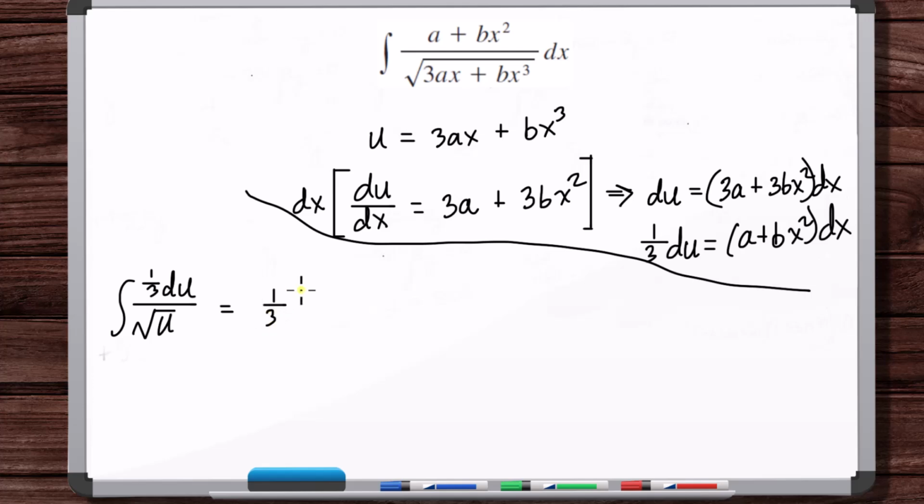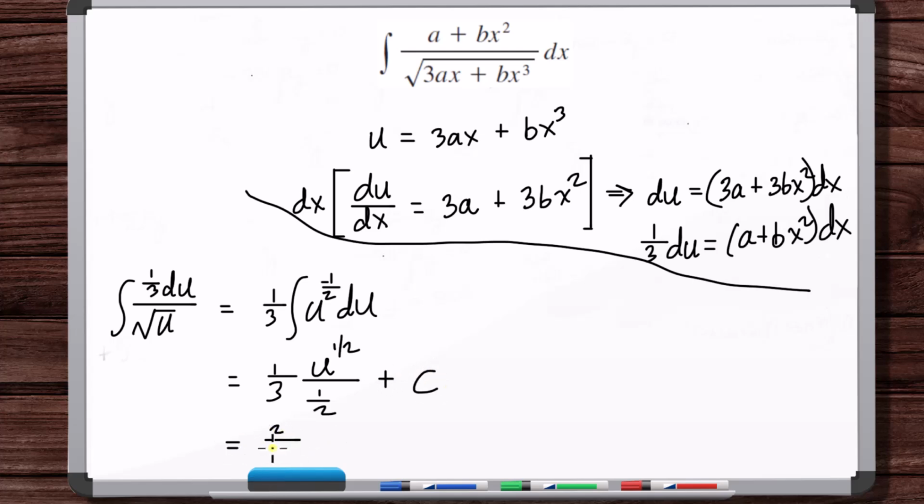So you've got u to the minus 1/2 du. Okay, so inverse power rule, minus 1/2 plus 1 is 1/2. Okay, so we've got 2/3 root u. Now we substitute the u back in.